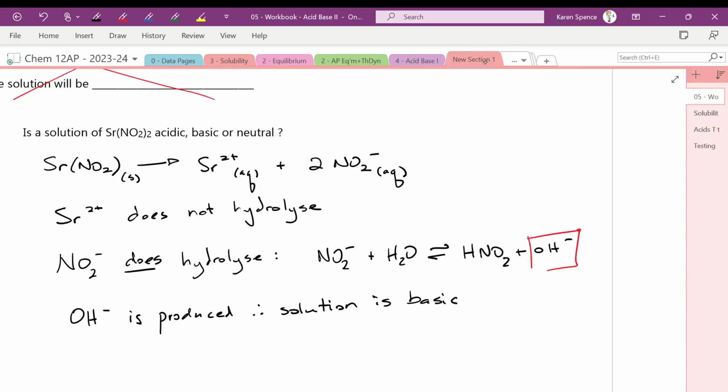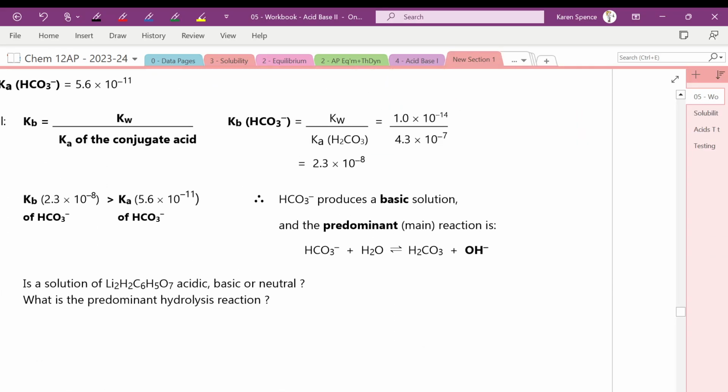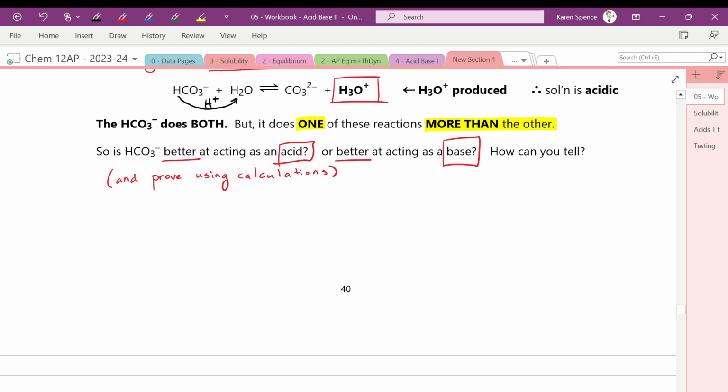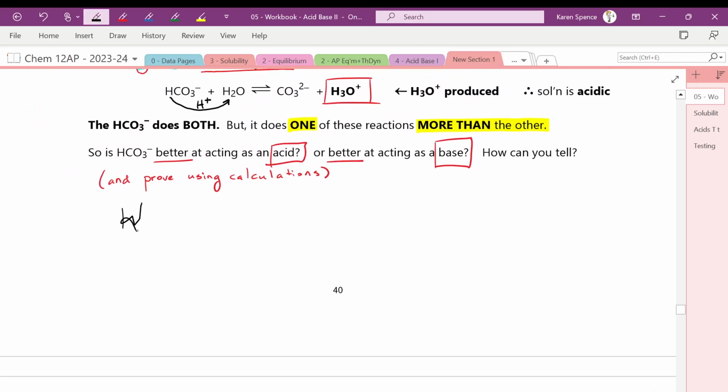So we can go here and we can say the Ka of HCO3 is, and we just look that one up, 5.6 times 10 to the negative 11.